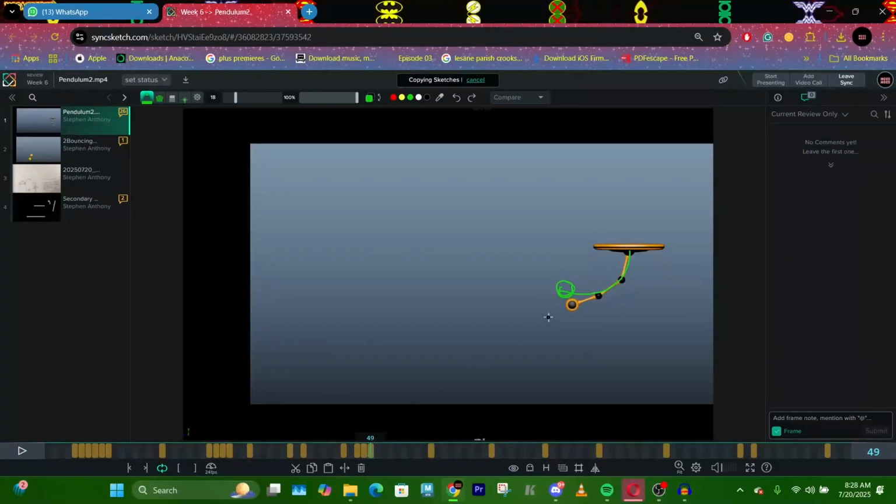So when this stops as well, this should keep moving while this is now coming back, right? You understand? So it's like pulling, dragging. When this part is dragging, this part should now start going this way. It should be dragging. Then when it's here, it should be dragging this way.